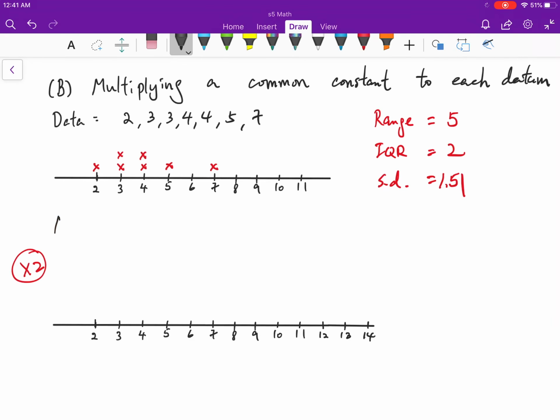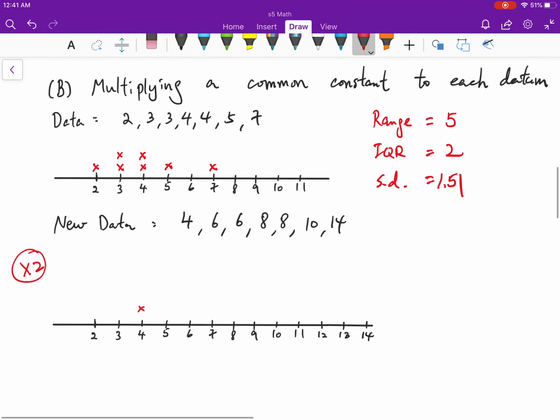Let's consider if we multiply 2 to each data this time. Then we get new data: 4, 6, 6, 8, 8, 10, and 14. So let's try to draw the numbers on the number line.